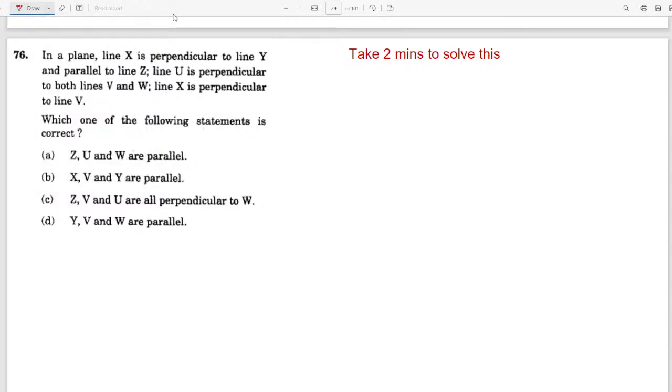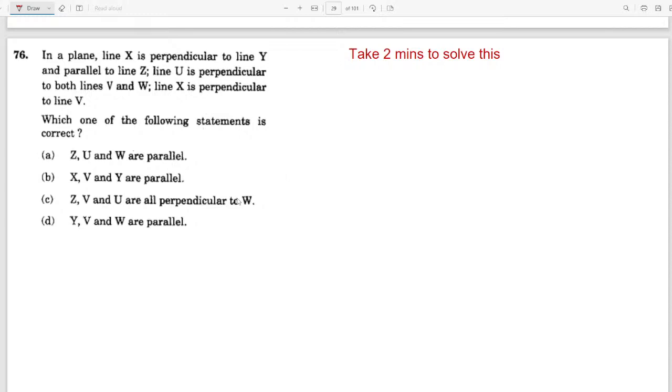So 3 people have got option D. People who are yet to post, please post. We'll see how to go about this question here. Okay, 4 people have got option D.